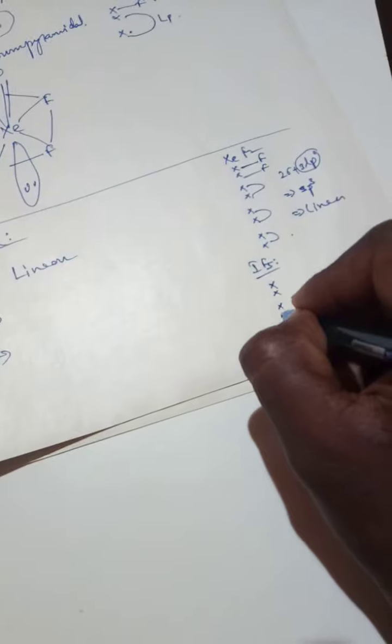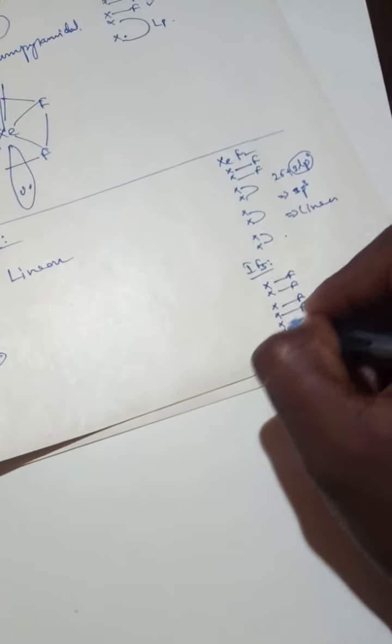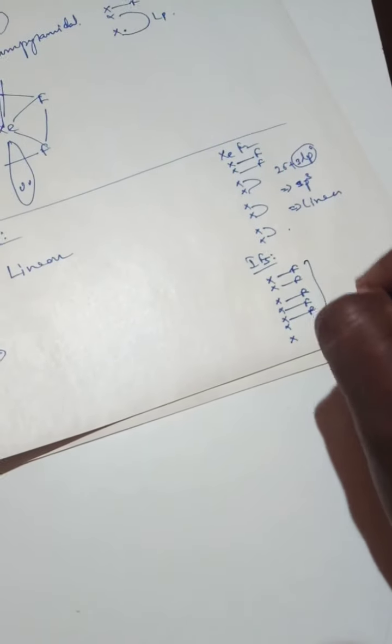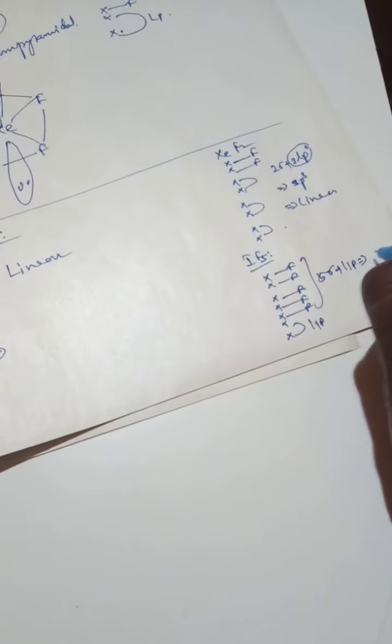For example, IF5: iodine has valency 7. The 5 fluorine atoms are bonded, so 5 sigma plus 1 lone pair makes 6.